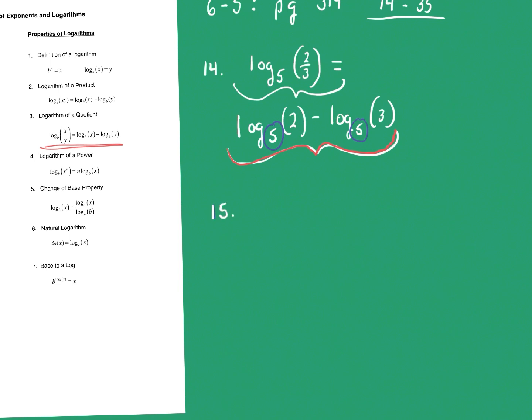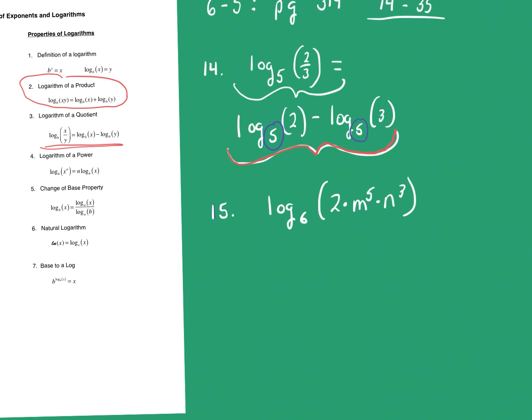Okay, 15. We have this logarithm, log base 6, and we have 2 m to the 5th and n to the 3rd. And they want us to expand this. So I'm going to use my logarithm of a product here, number 2, because in this problem I've got 3 products here.